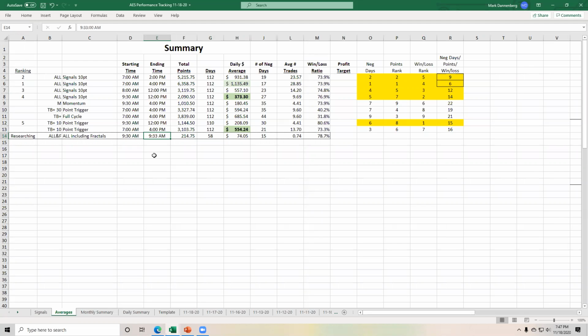We could go from 9:30 to 9:34, anything during that first 5-minute bar. But what I would focus on is the win-loss ratio, which is at 78.7%. So it's about 3.7 points on that on average. But you're going to have losing trades in there and winning trades. So that's why it's averaging to that.